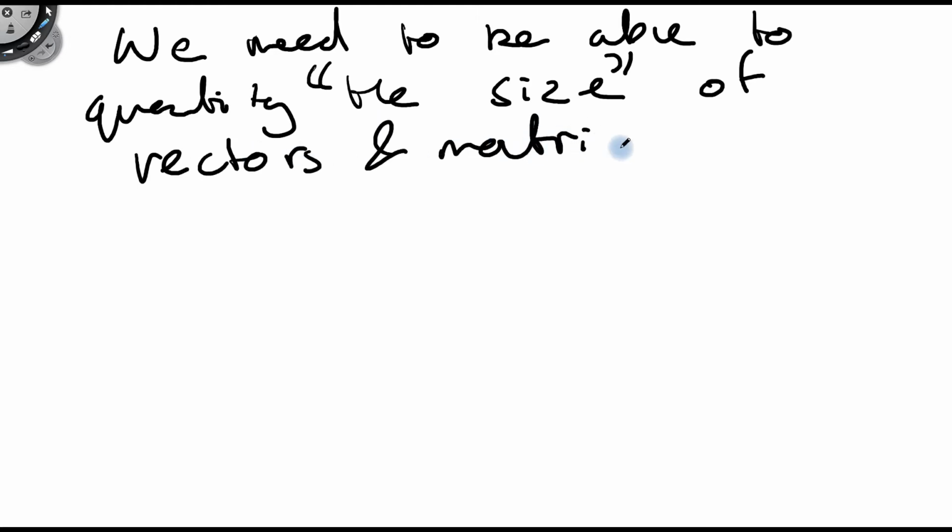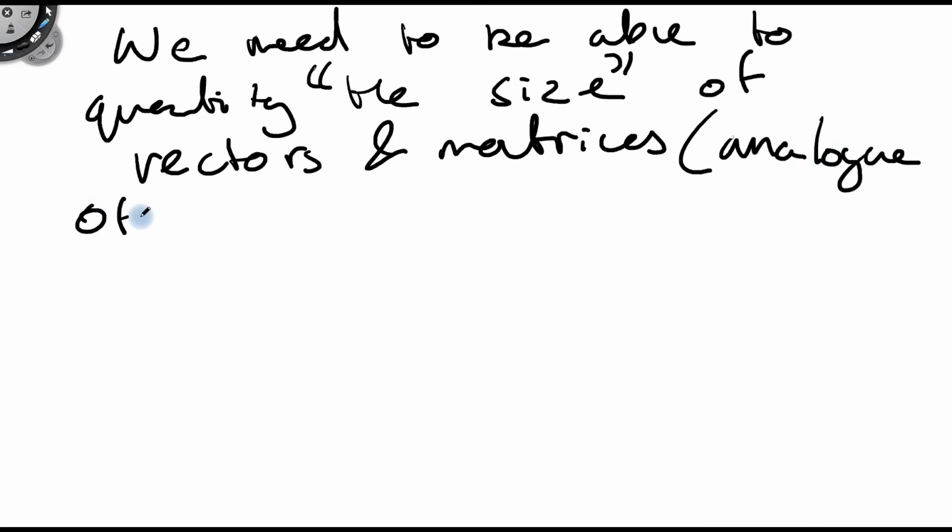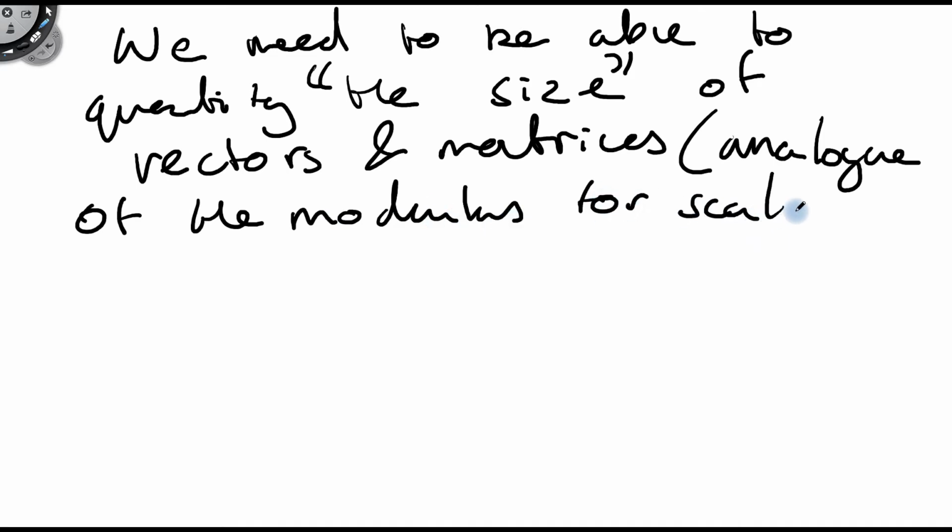When we've done convergence analysis for root finding before, we're looking for the analog of the modulus for scalars. So we did a convergence analysis, say, of the fixed point method, and we used the modulus of the error.